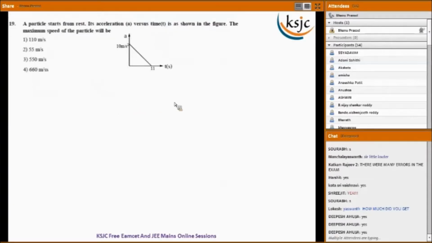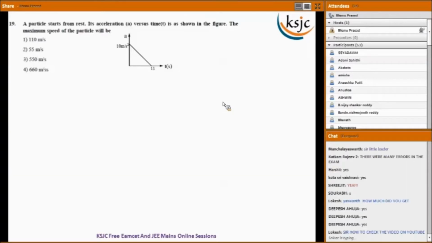Then in the 19th one, a particle starts from rest. Its acceleration versus time is as shown in the figure. The maximum speed of the particle will be the final speed only. Calculate the area under the a-t graph, that will give you the change in velocity.